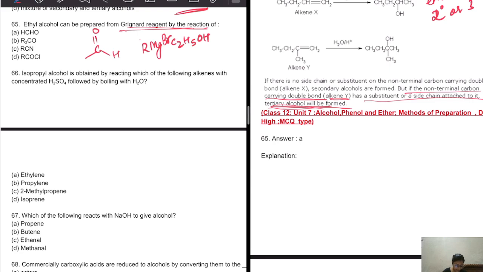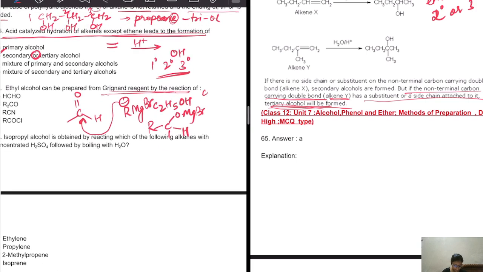So what happens is it will go here, and we will get ORMgBr, with an R group here. So we want it to be CH3CH2OH.